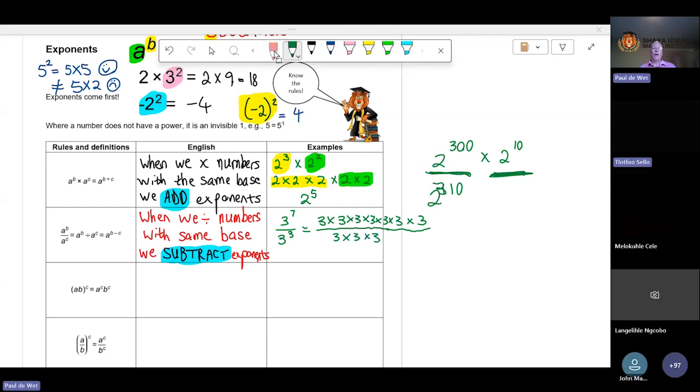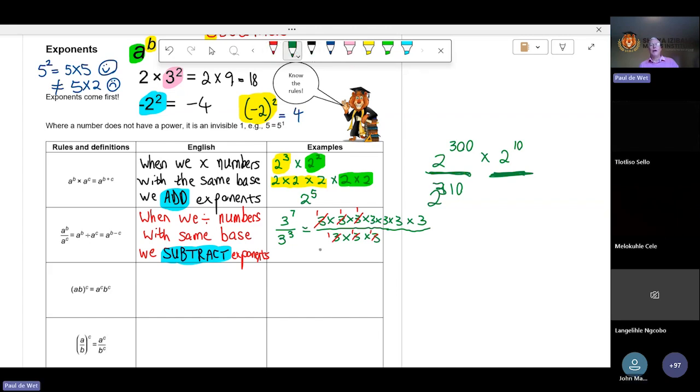Now we know from our fraction work that we can divide by 3 on the top and by 3 on the bottom. And we can do that again. And we can do that again. Now, how many 3s have I got left? 4.